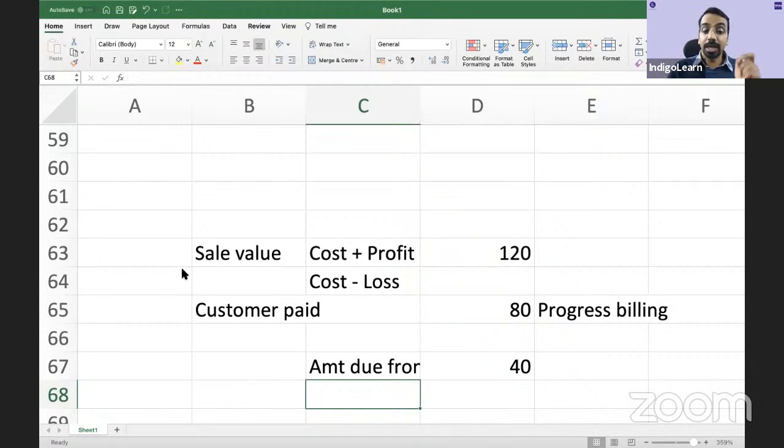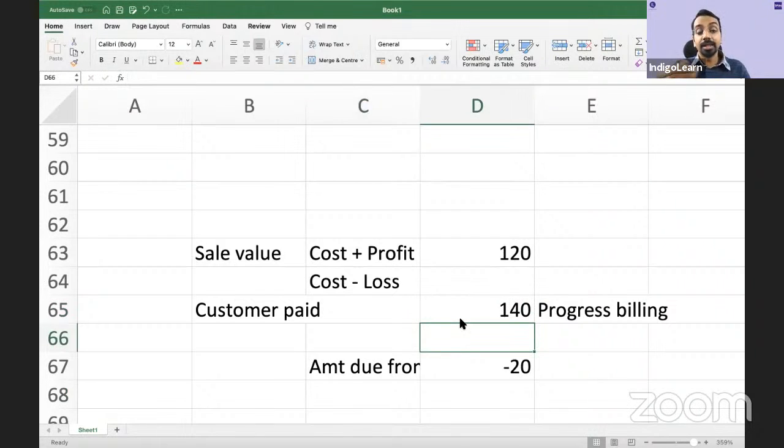But let us say the customer, instead of paying 80, has paid 140. Then you have received excess amount from the customer. Now this is amount payable to the customer. Now you may think, why will the customer pay extra? I'm not talking about sale of a single good. We are talking about a construction contract, where the customer has paid us maybe advance amounts and we are incurring the cost subsequently.